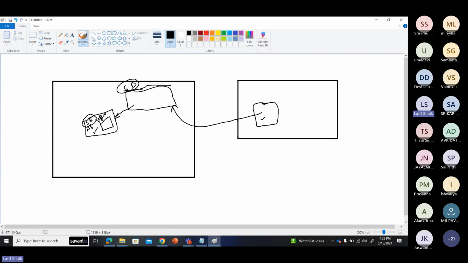Or network engineers will check the network connectivity and similar things. Then they will give it to the client. Once the client has the connectivity, the ticket will be closed.